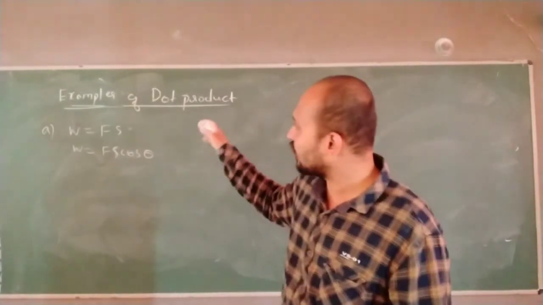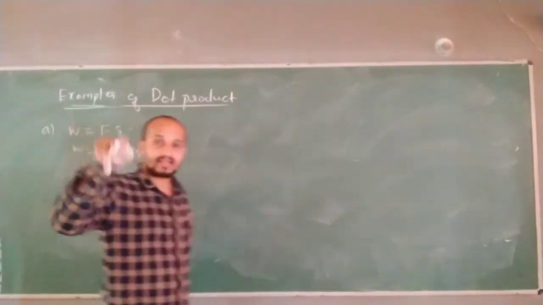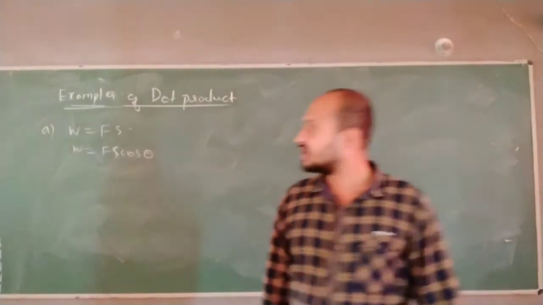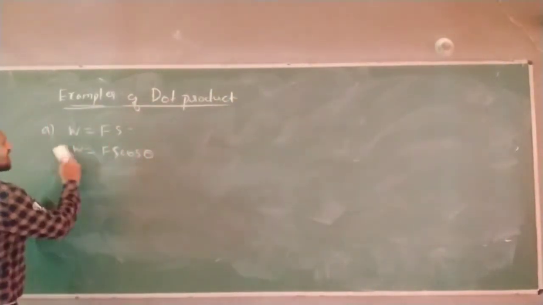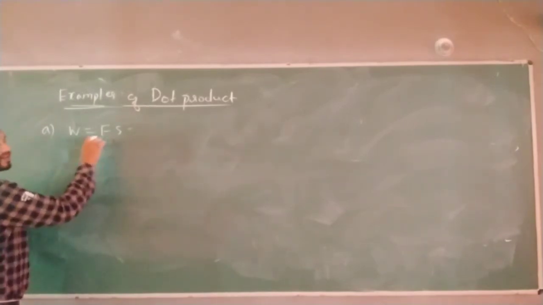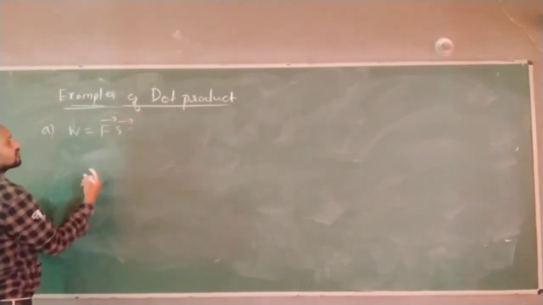Now, if a given formula is a dot product or a vector product, how to know? Correct? See here. How am I thinking that this is a dot product and not a cross product? F is a vector, displacement is a vector.